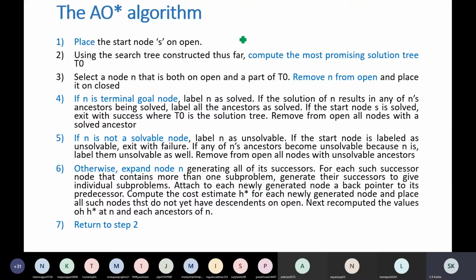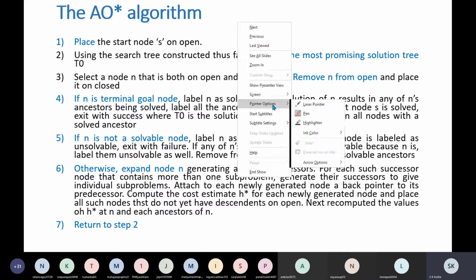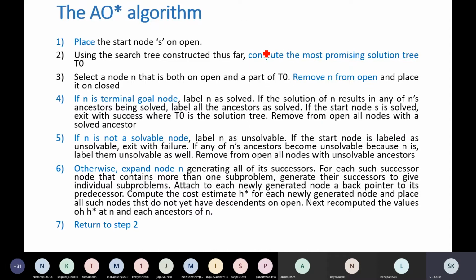Although the algorithm looks like there are mainly 7 steps or 6 steps, whenever you are going to implement this algorithm, a lot of other modules you will have to implement. For example, cost calculation.